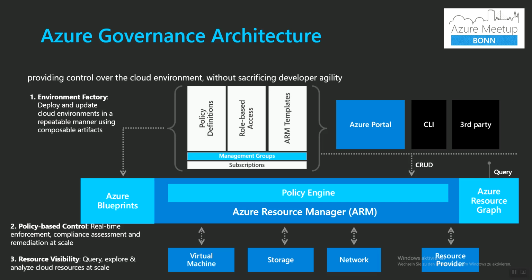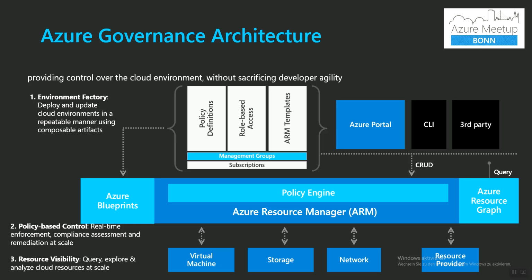And in this Azure Resource Manager layer, they integrated the policy engine. This is really helpful because with this functionality, when you generate a VM, the policy engine checks directly: is your VM in a compliant state?